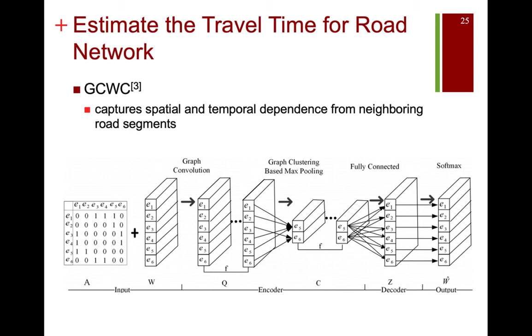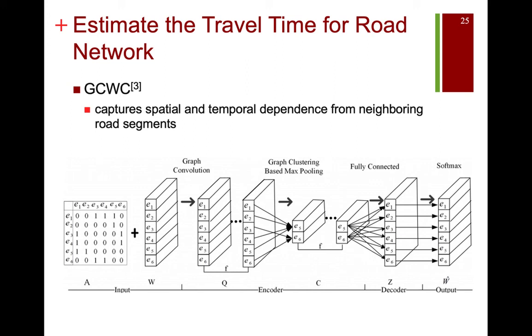By this graph convolutional network, the spatial and temporal dependence from the neighbors of the road segments can be propagated. And in this way, the travel time information can be inferred from the neighbors of the road segments. And after several layers of the graph convolution, the missing data for some road segments can be filled up.